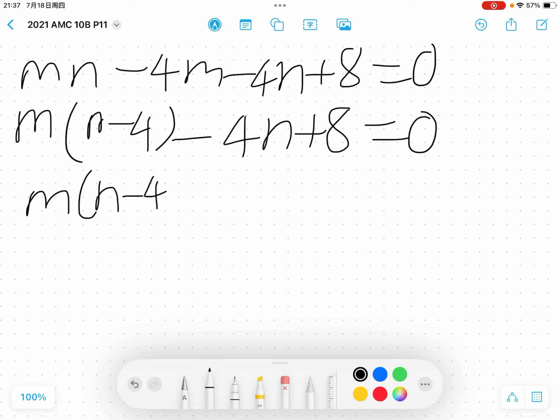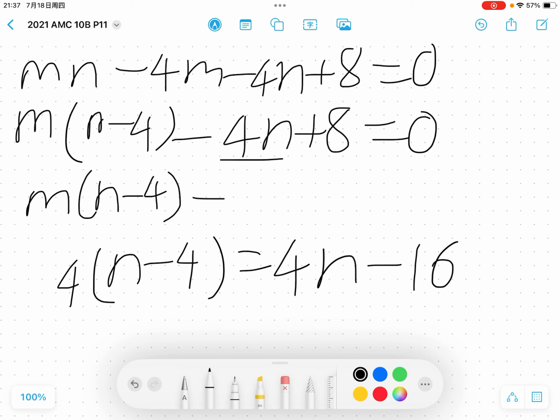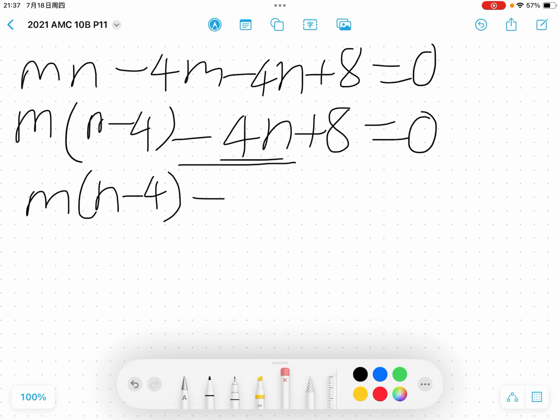Well, clearly we already have a 4n, and we don't want to add any more variables to the right side of the equation. So we can only add constants. n minus 4 times 4 is going to be 4n minus 16. If we take the negative of that, since it's negative 4n, we get negative 4n plus 16. So we want a plus 16 here. Currently we have a plus 8, so we should add 8 to both sides of the equation to get plus 16.